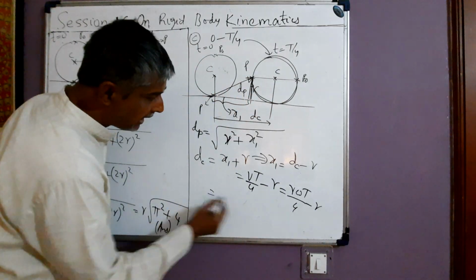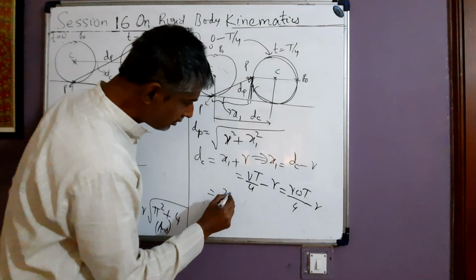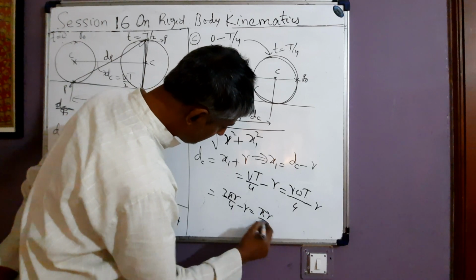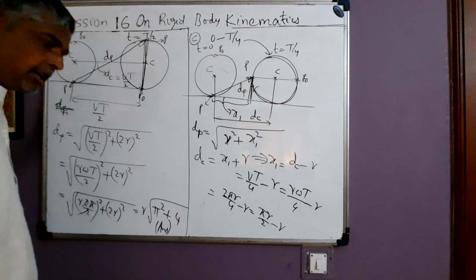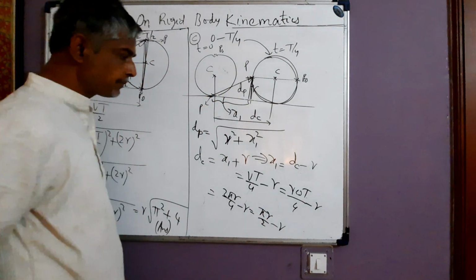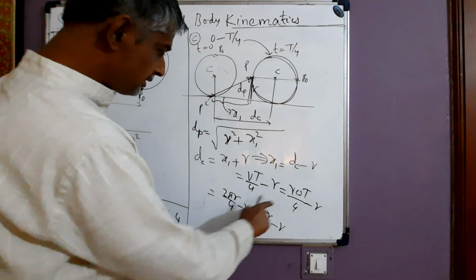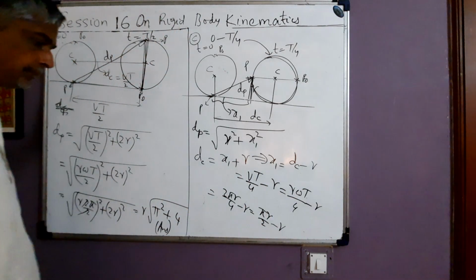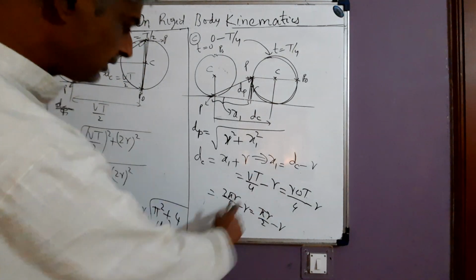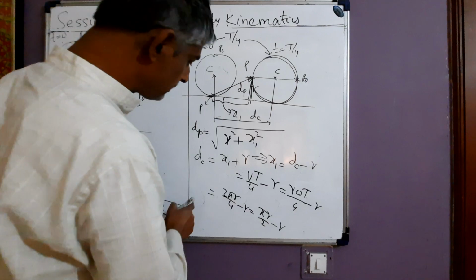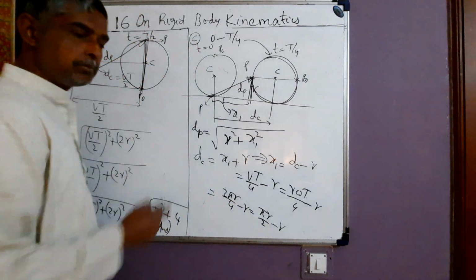Omega T is simply 2 pi, so 2 pi r by 4, that becomes pi r by 2. Pi r by 2 is dC, and x1 is equal to pi r by 2 minus r. If you substitute this as x1 here, then we get dP. Fine.